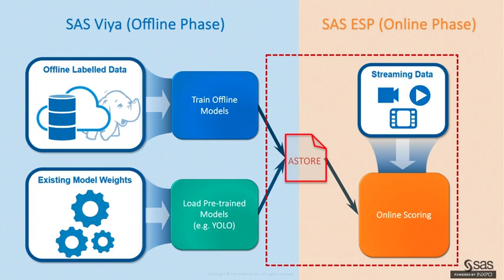Once you have this, which usually takes several iterations to come up with an A-store that is ready for use in the real world, you would have a way to use that model and get output by scoring, or by providing certain data into this A-store and getting meaningful output back.